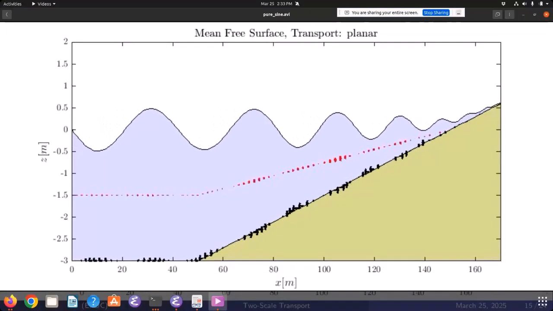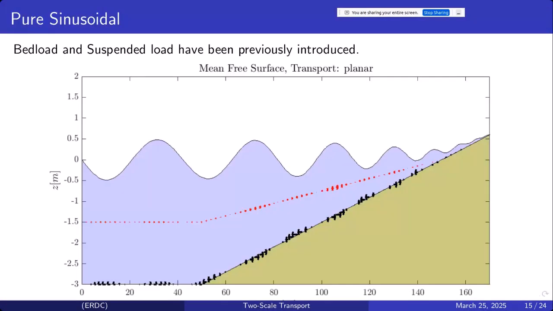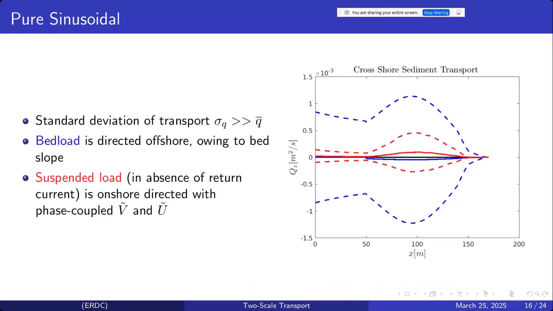So you can see we have a case where we have a free surface and a velocity through the entirety of the domain. Now it's invented, right? But it's invented to have the right statistics as the phase-averaged model would have you have. So in that case, we're going to look at the cross-shore sediment transport.